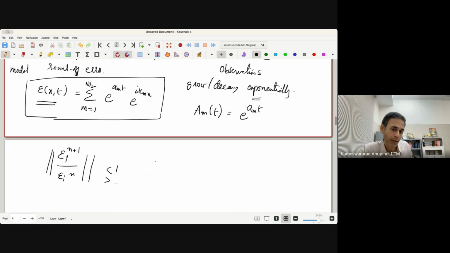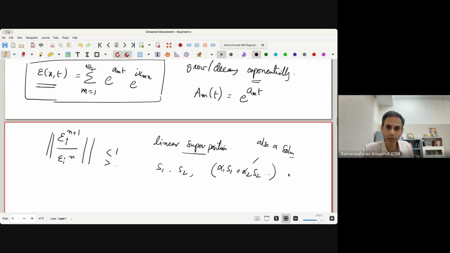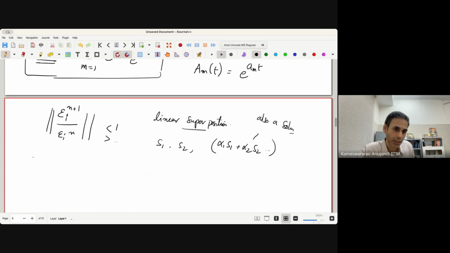So if I have two solutions, S1 and S2, any linear combination of S1 and S2, that is alpha 1 times S1 plus alpha 2 times S2, is also a solution. We have that from linear equations, because the governing finite difference equation is linear.